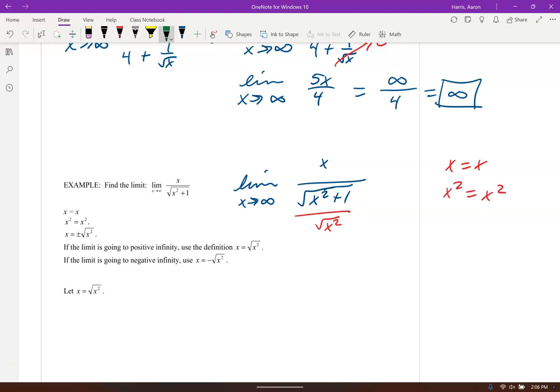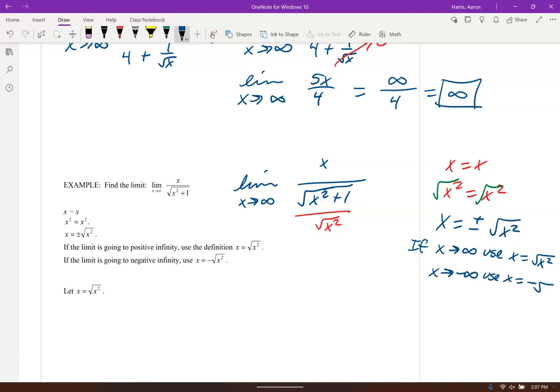And then I undo that, then I have x being plus or minus the square root of x squared. So what you want to keep in mind is if x is going to infinity, then I'm going to use x being the positive root x squared. But if I have x going to negative infinity, I got to use x being negative root x squared. So it depends on what I'm going to. In this case, I'm going to infinity.